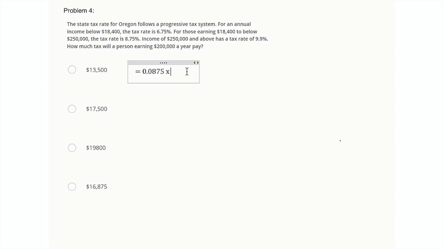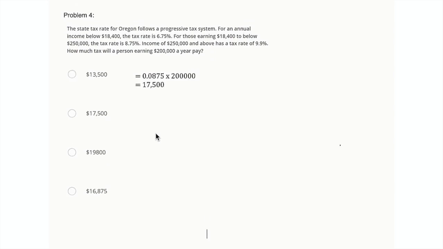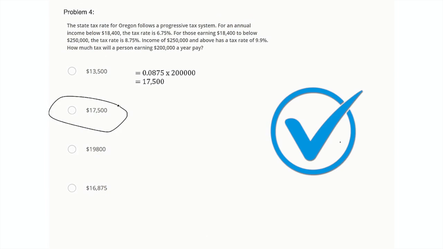So that times 200,000. And then remember, you can do that on your calculator. So I'm going to do that over here. All right, and I get 17,500. So 17,500 is our answer, and we can find that over here, $17,500.